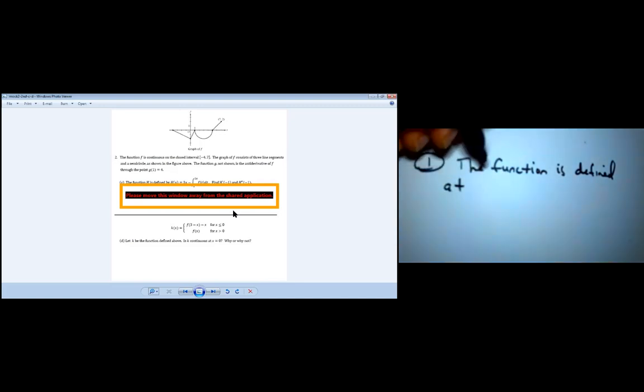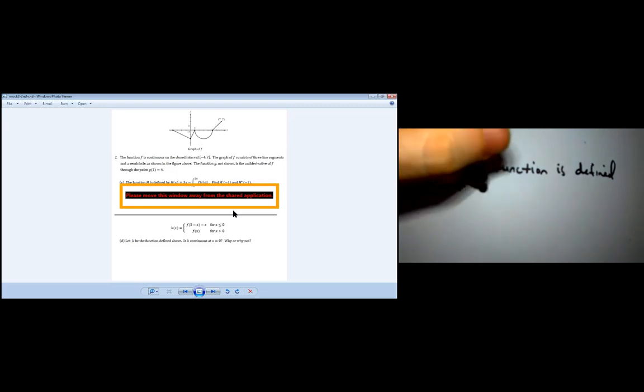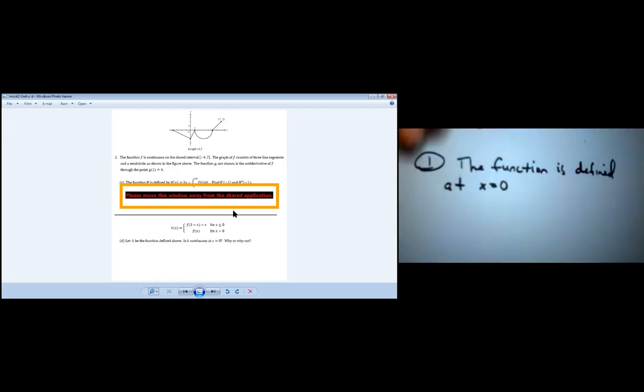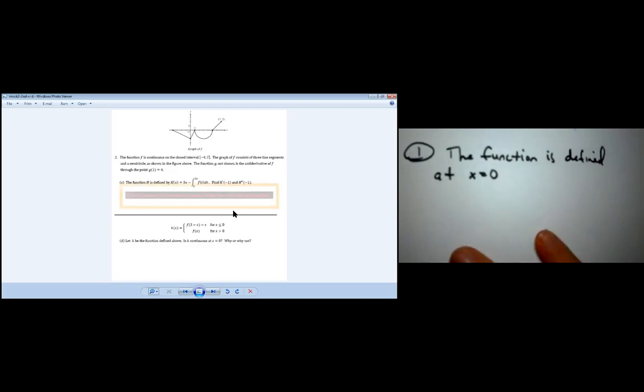The spot we're interested in is 0. And then my explanation for that would just be showing the math we just did, showing that f of 0 plugged into both of them basically gives you a value that exists.